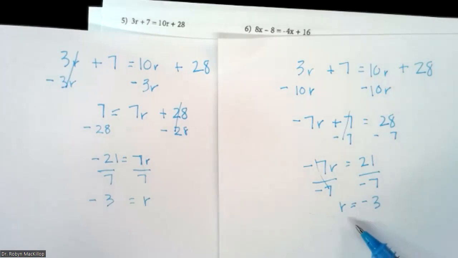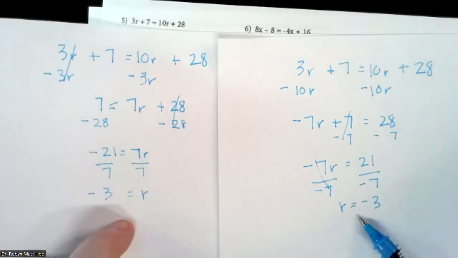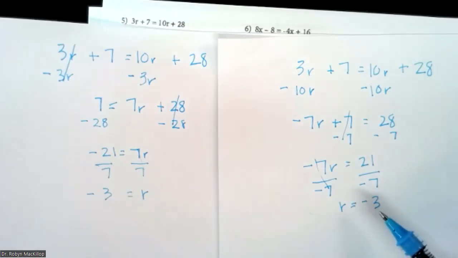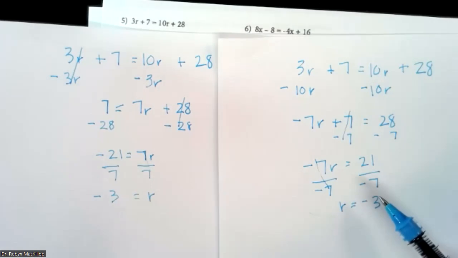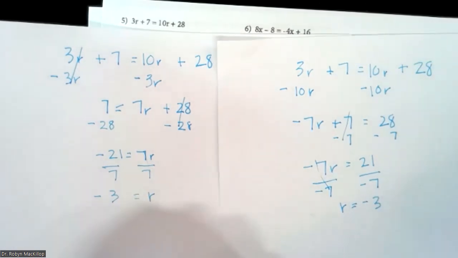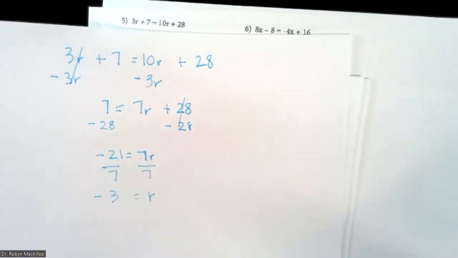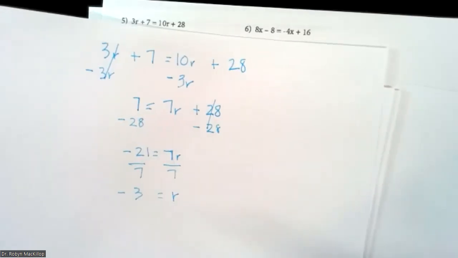And it's okay if these are reversed. This is the exact same answer. -3 equals r is the same as r equals -3. It does not matter that they are reversed. Cool, huh? I think it's kind of cool. And the great thing about this is once you're comfortable, you can do algebra and you will see when we do geometry, these keep popping up.